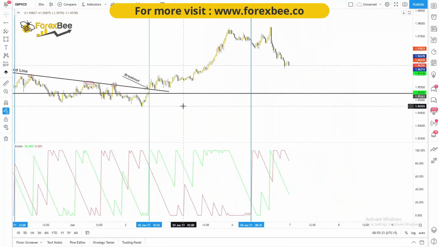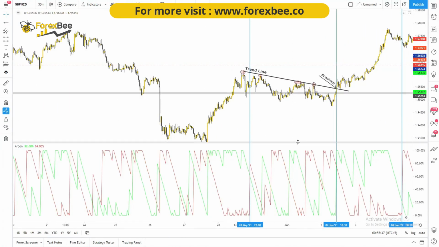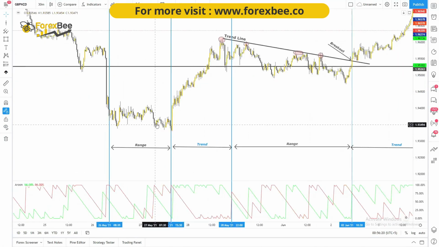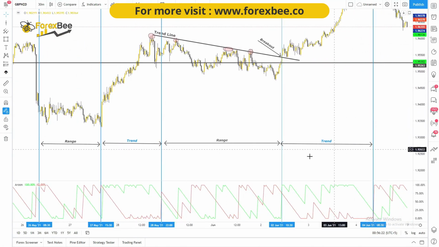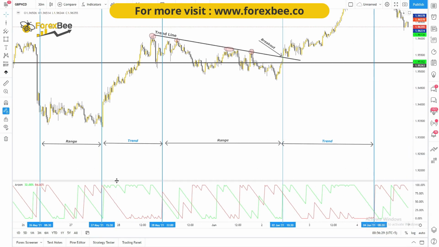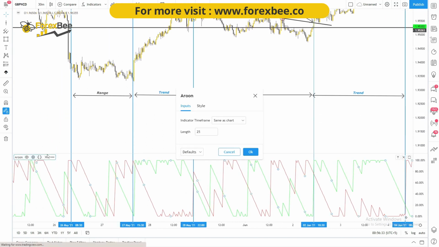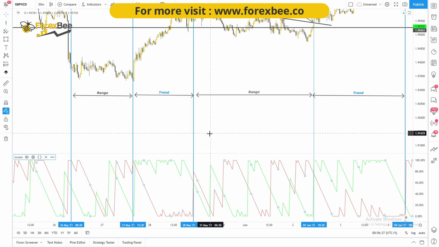There are basically 4 regions that I have drawn in order to show you the working of the Aroon indicator. Let's analyze these areas. Let me just confirm the setting. The length is 25, which is what I want.